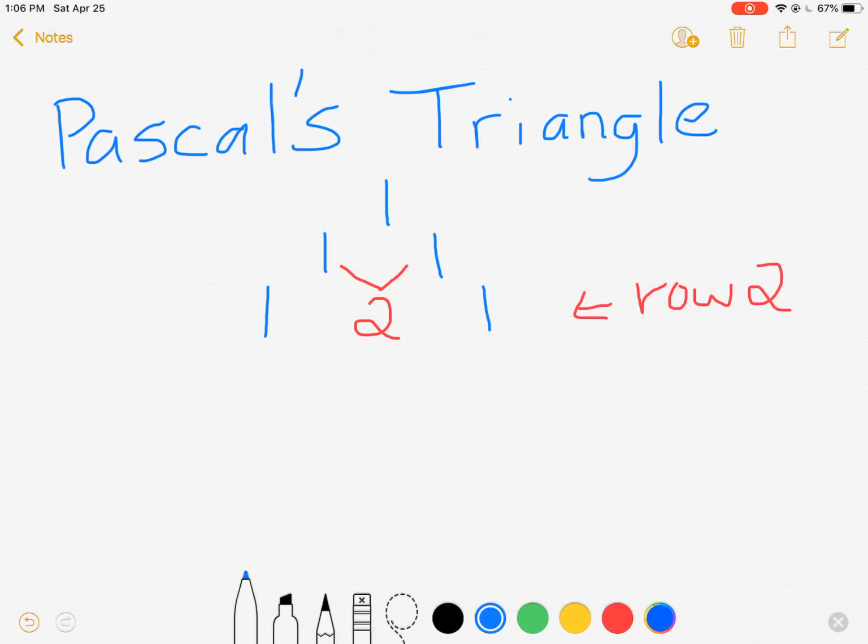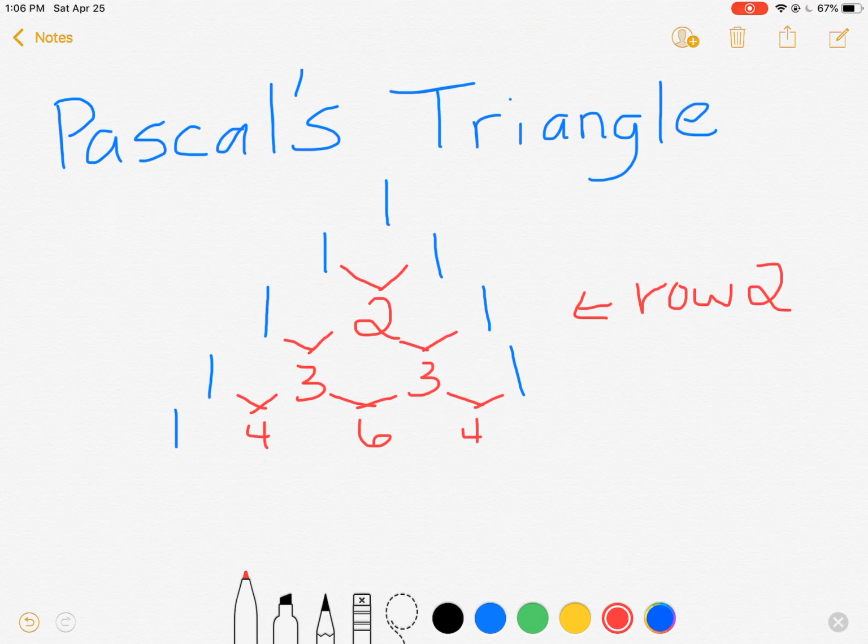Then for row 3, we'll start with a 1. We add those two numbers, that's a 3. We add those two numbers, that's a 3, and we end with a 1. Row 4, 1. We add these two numbers, 4. Add these two numbers, 6. Add these two numbers, 4.